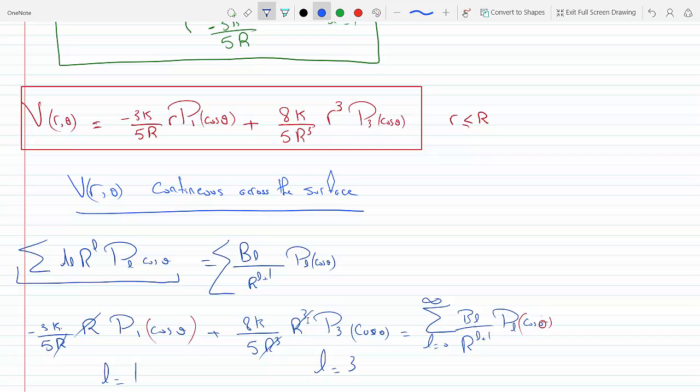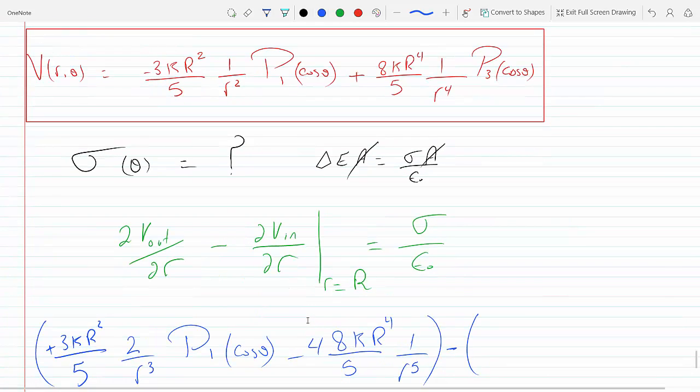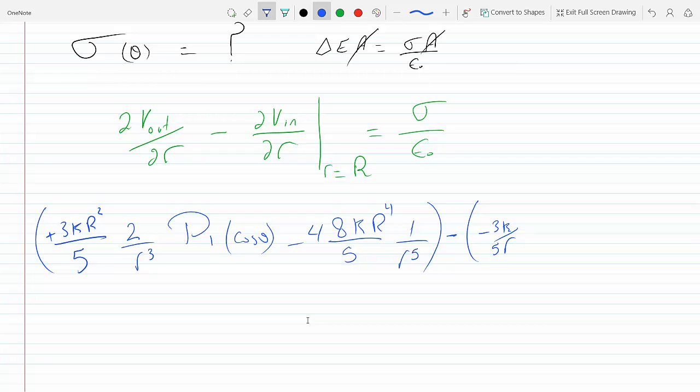The derivative of small r is just 1. So minus 3k over 5R, P1 cosine theta.